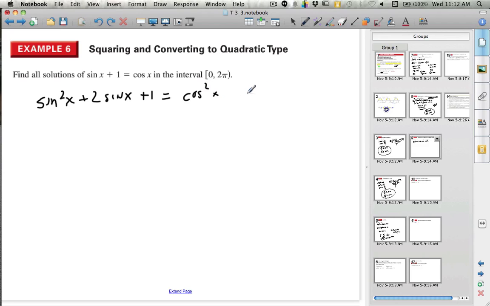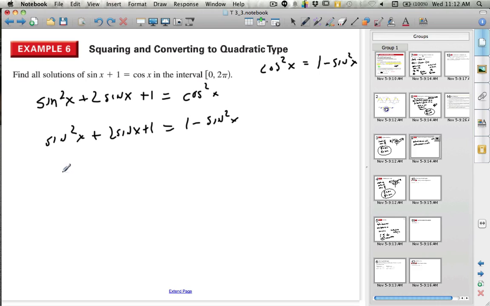And again, if I look back at my trig identities, I know that cosine squared x is equal to 1 minus sine squared x. So if I substitute that and simplify, I'm going to add sine squared x to either side, and I'm going to subtract 1.